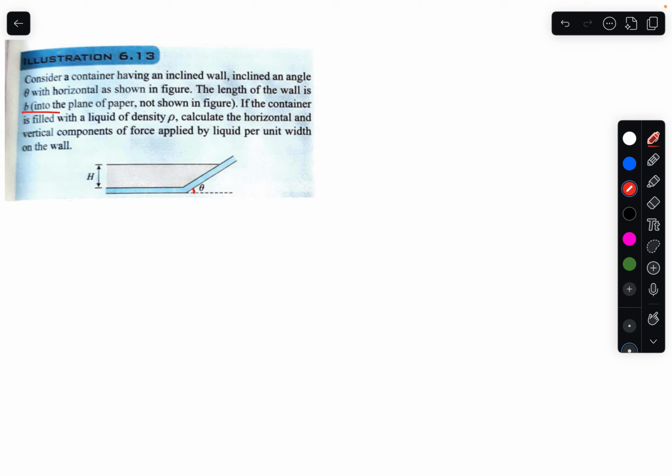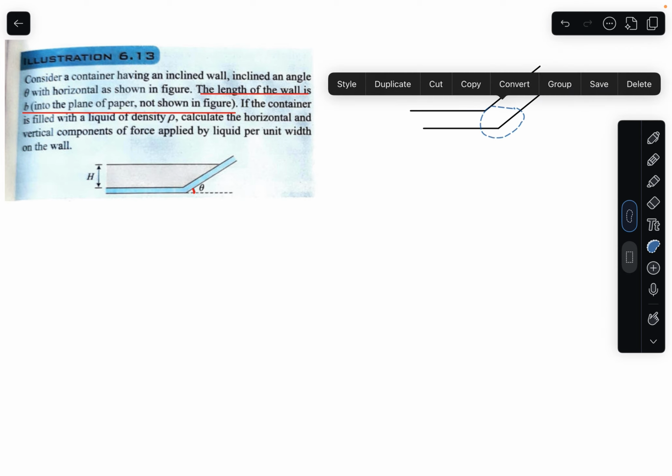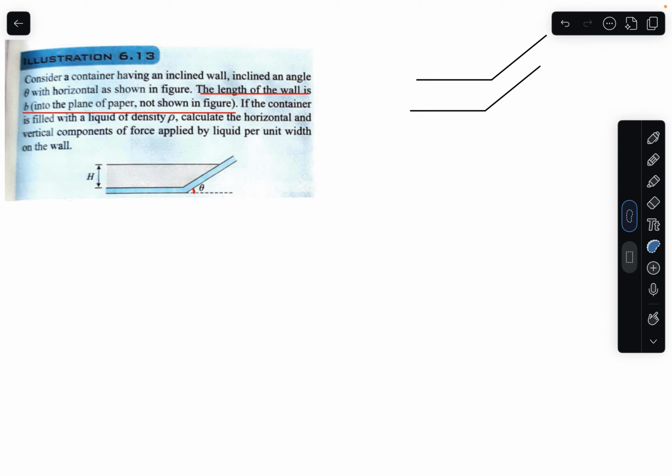The thing we need to understand here is, if I draw this container, of course it is a 3D container, and we are just able to see two dimensions of it like this. Of course there would be one more dimension. So maybe I can make a diagram like this.